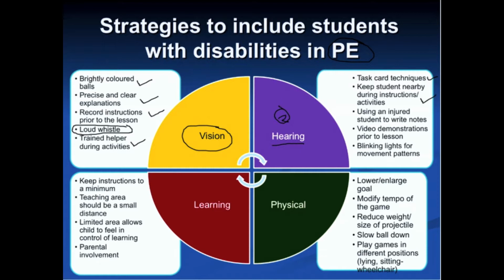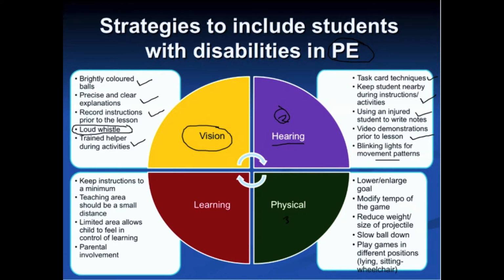Keep students nearby during instructions and activities, using an injured student to write notes, video demonstrations prior to the lesson, and that can, similar to task cards, help you get your head around the activities prior to being delivered. Blinking lights for movement patterns, and that could be any sort of pattern. It could be step up type things or jumping at a certain time.